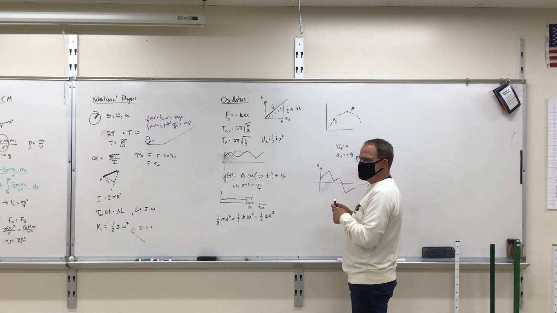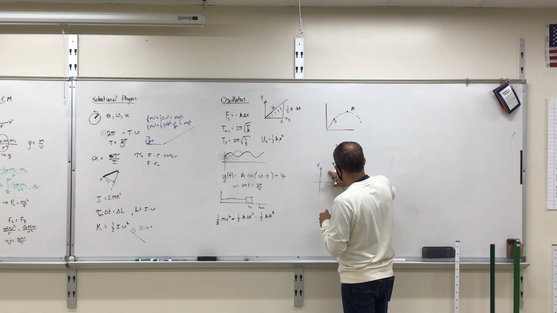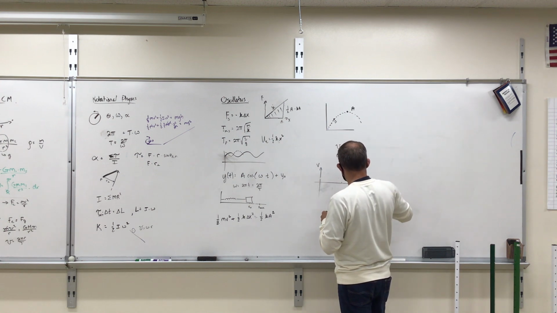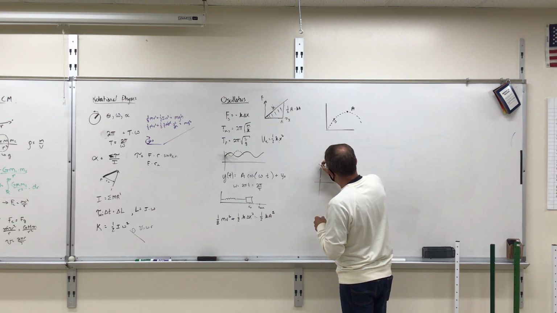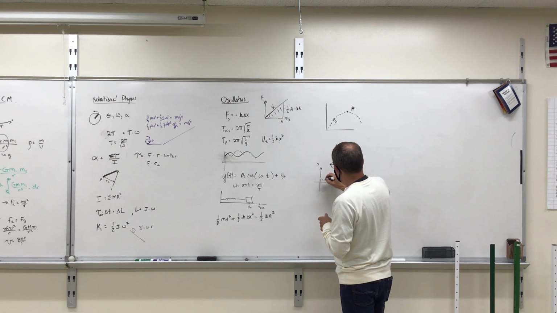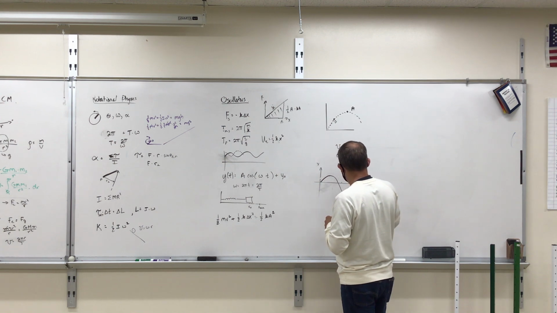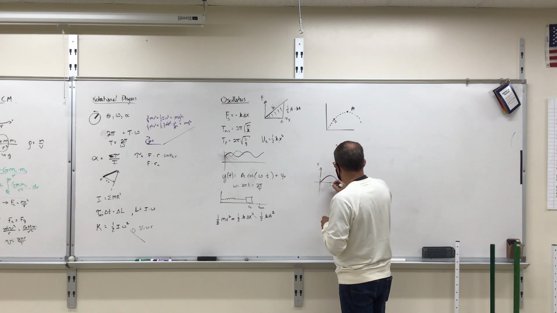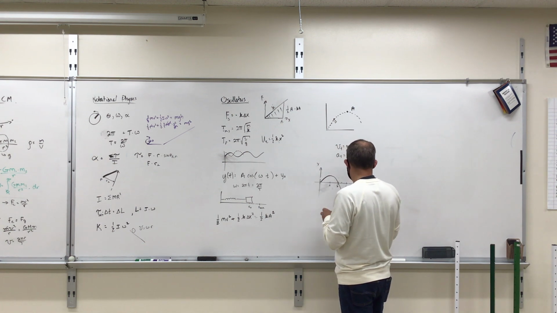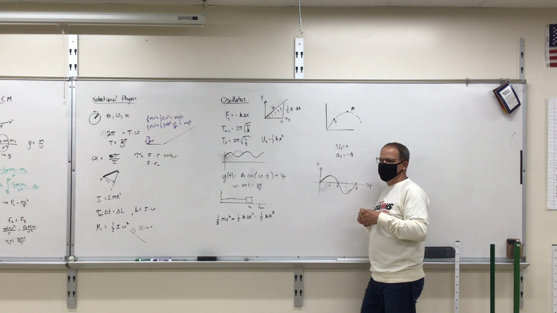Something is speeding up if its velocity is increasing. So if this was the position, the line goes like this. Let's call these points A, B, C, and D. On what time intervals is the object speeding up?